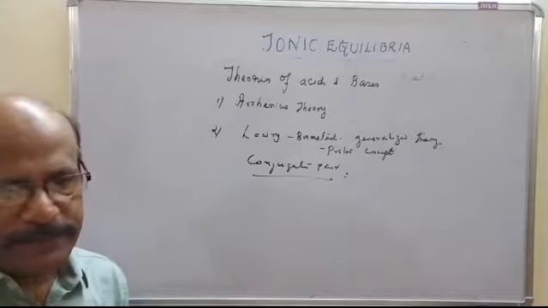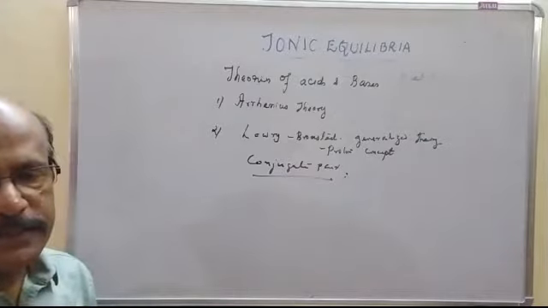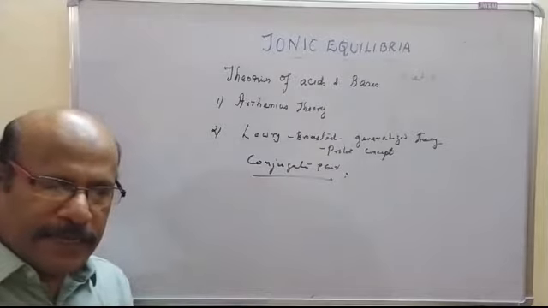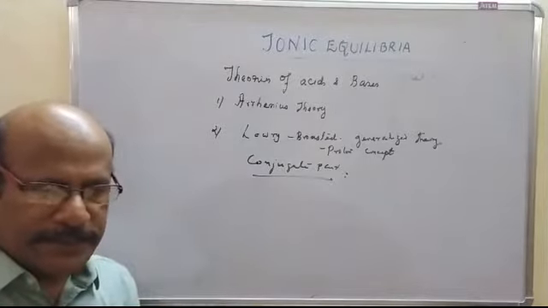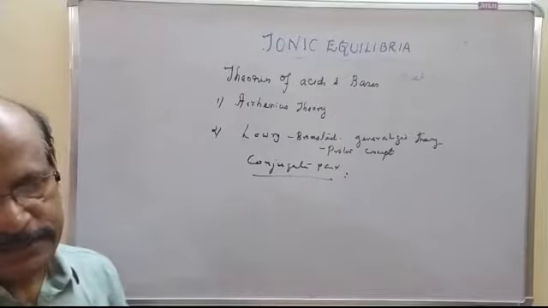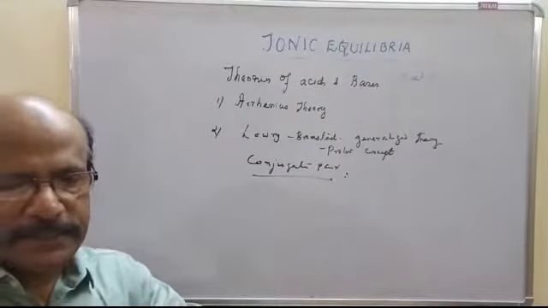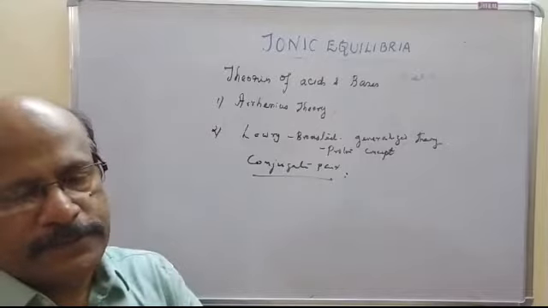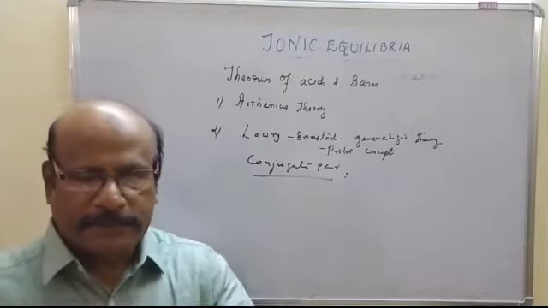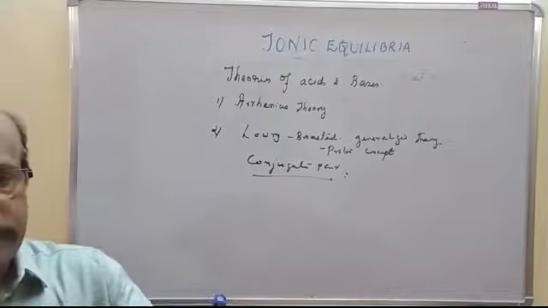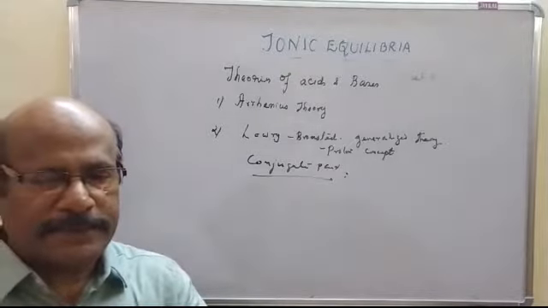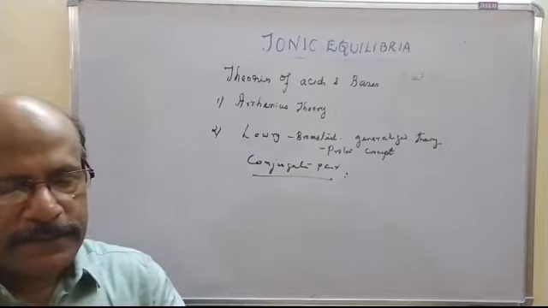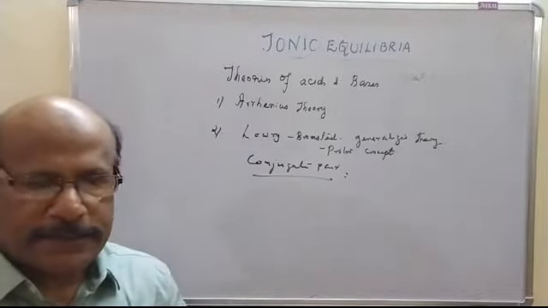What is a conjugate pair? When a particular substance gives off a proton to act as an acid to the base, the remaining part, the anion, can accept or take the proton back and therefore act as a base.